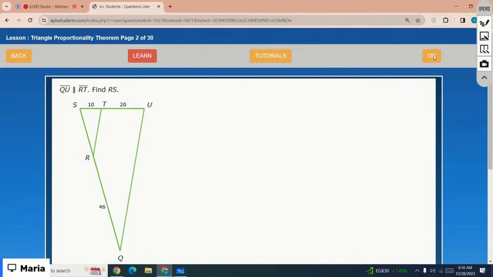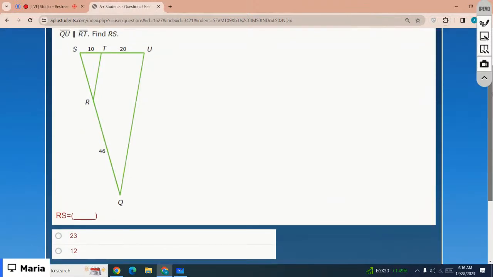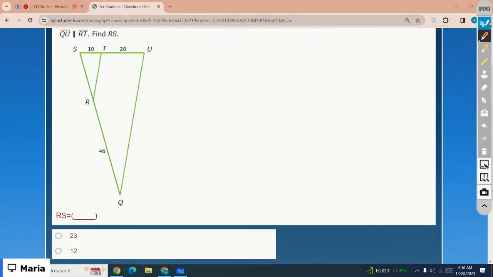Okay, QU and RT are parallel, right? Now just look at these sides you are given. QU and RT are parallel, right? Find RS, you have to find RS, right? Just look at the ratio between these sides. This is 10, this is 2, and 10 times 2 is 20, right?